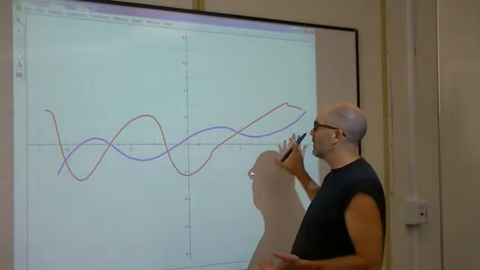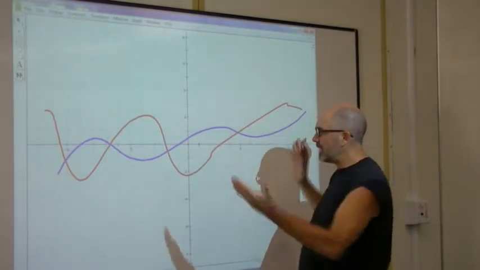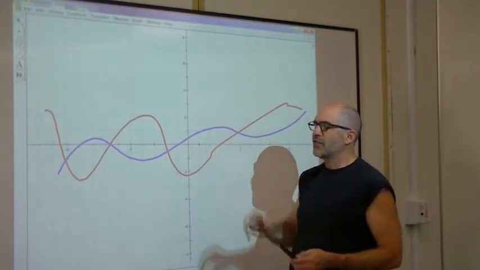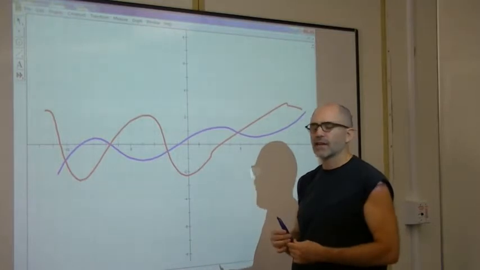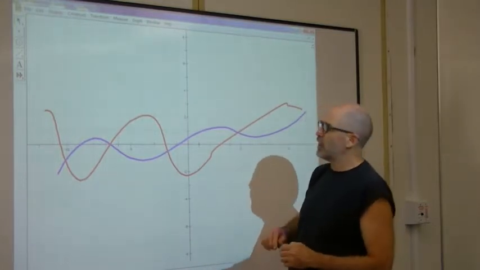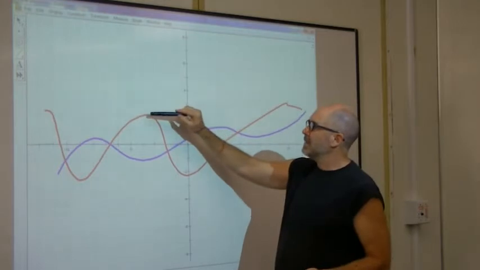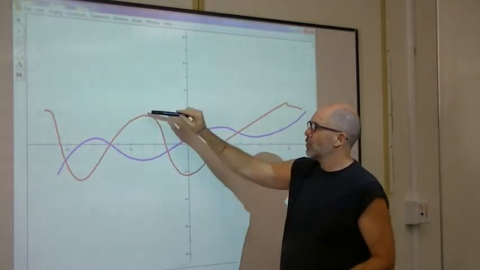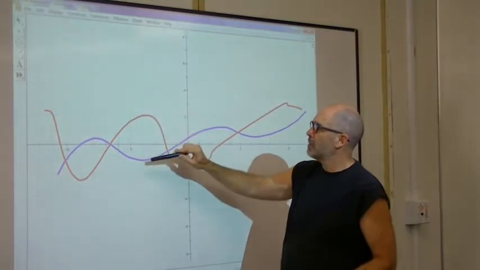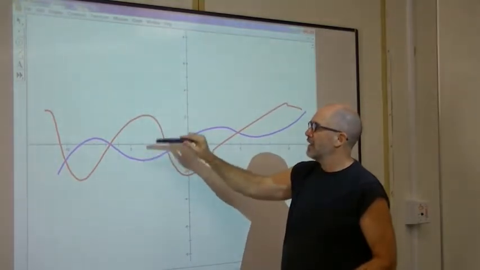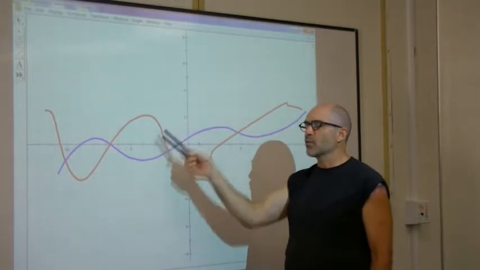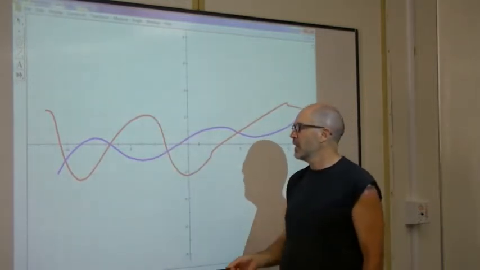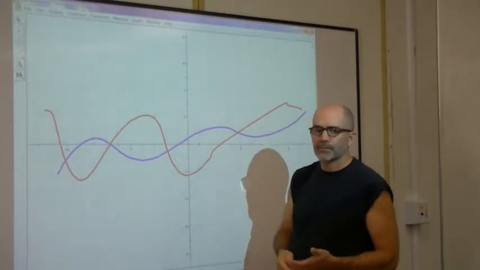There's no discontinuity anywhere from a to b, so any point I pick, if I add the two functions, they're defined. If I subtract the two functions, I'm going to have a value, because if I subtract f of a from g of a, I'm going to end up with some real value, because f of a is real and g of a is real, so when I subtract them, I get real.